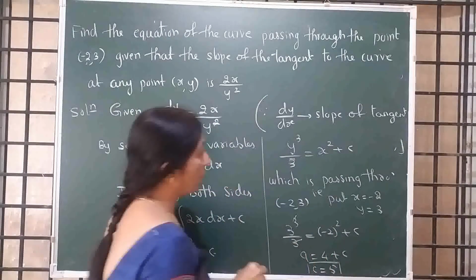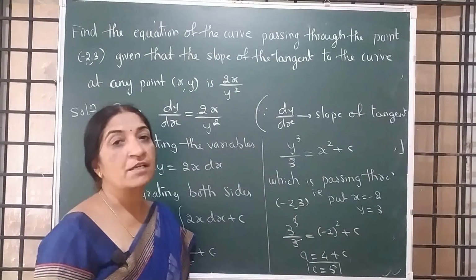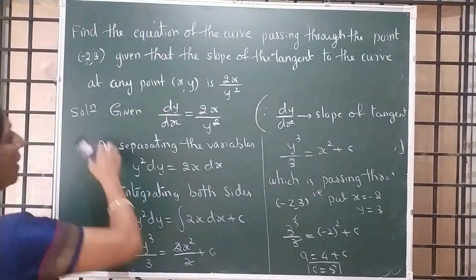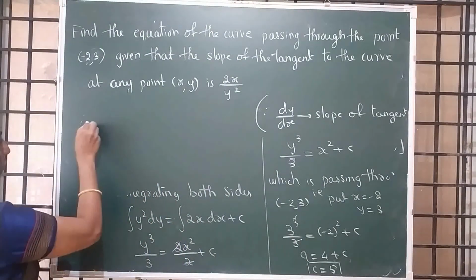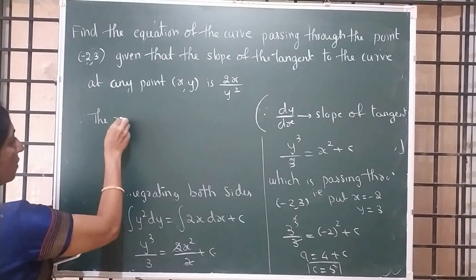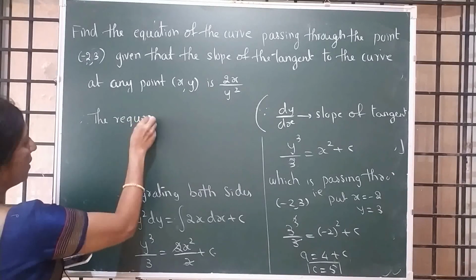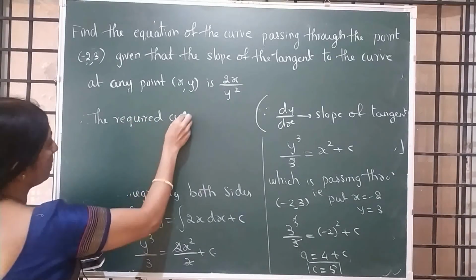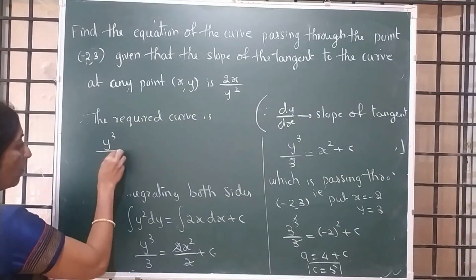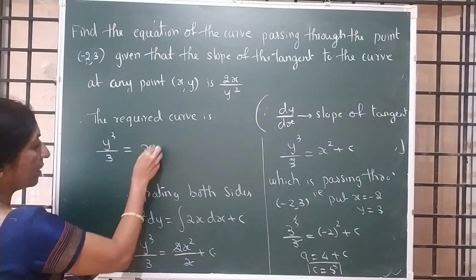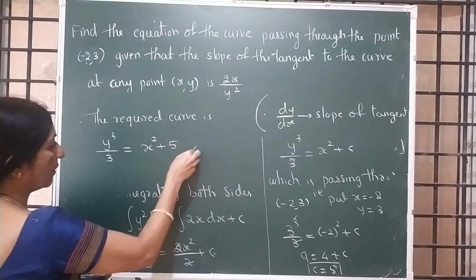So write down this value in the curve, that is the required curve, which is passing through the point minus 2 comma 3. Therefore the required curve is y cube upon 3 is equal to x square plus 5.